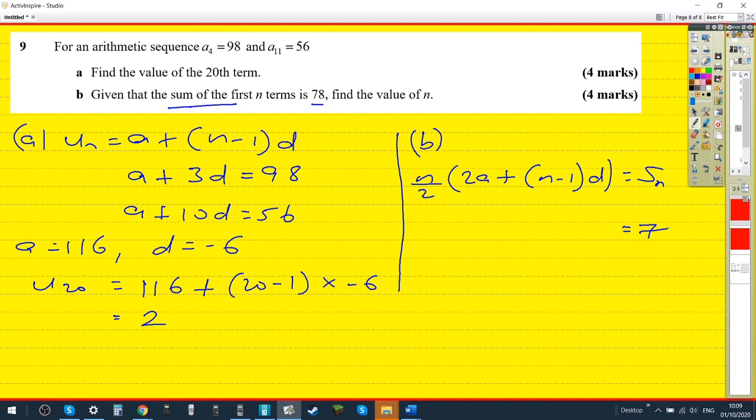And so am I here going to do n/2 times 2 times 116 plus n minus 1 times minus 6 equals 78?